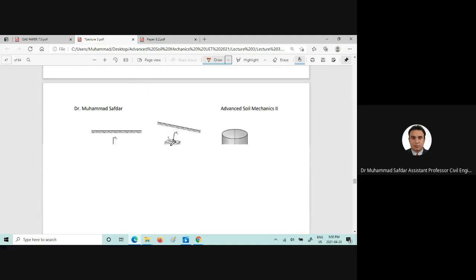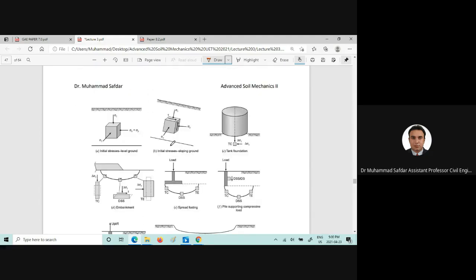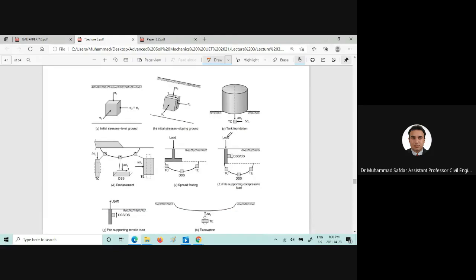Okay. Now we discussed a little bit about slope stability issues, how the location of an element beneath the foundation or beneath the tank foundation matters, how the vertical stresses would occur, and how the horizontal stresses would occur beneath the foundation or beneath the slope or the embankment, and where we need to use which particular test.